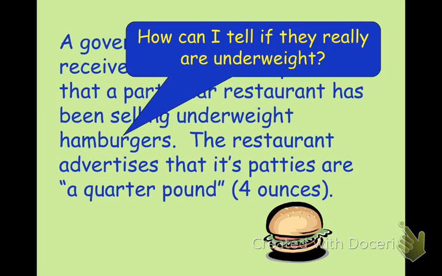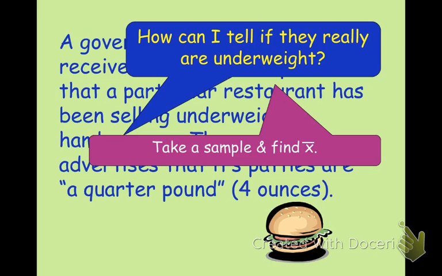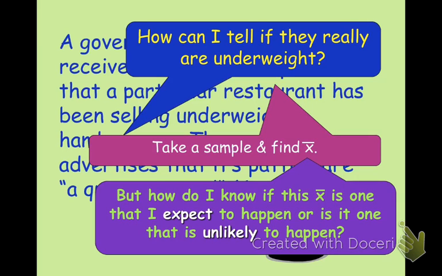How can we tell, though, if these patties are really less than the 4 ounces they're advertised to be? You guessed it. Let's take a sample and find x bar, our sample mean. But how do we know if x bar is one that we would expect to get, a sample mean that would naturally happen in the course of things, or if our sample mean is very unlikely to happen?